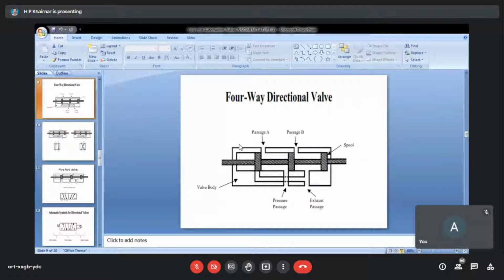Because if you can draw this symbol correctly, then a lot of other things will get resolved automatically, because later on a lot of complicated circuits are there.